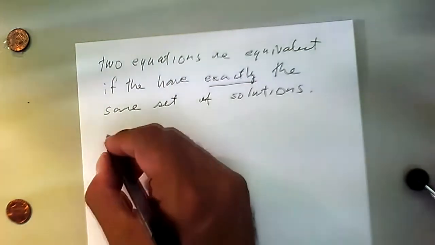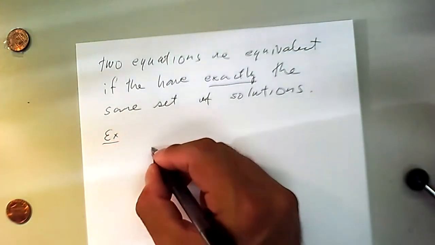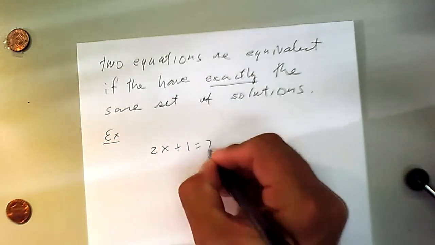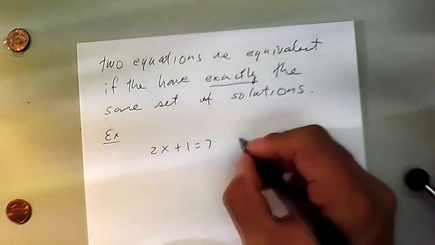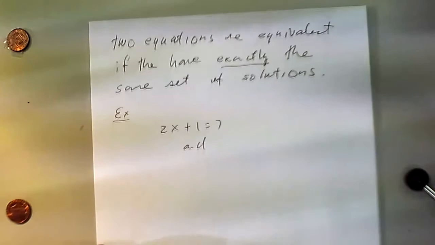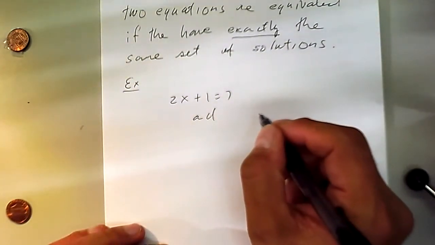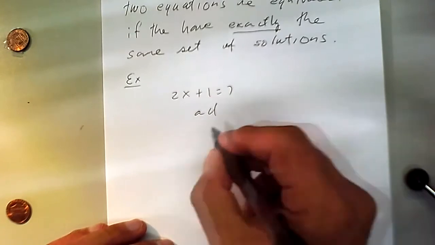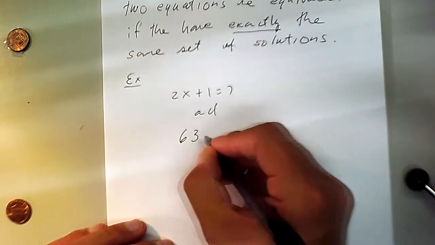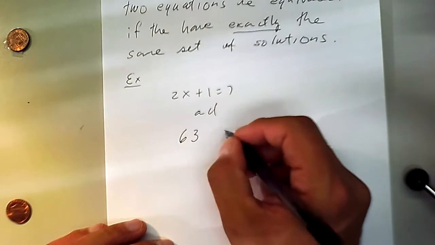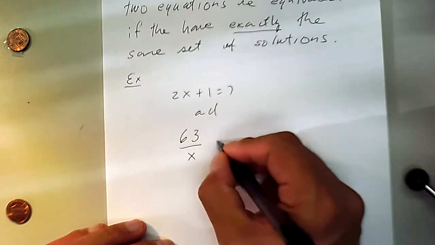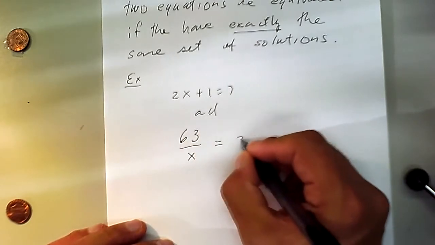So as an example, we have 2x plus 1 equals 7. And let's put down 63 over x equals 21.